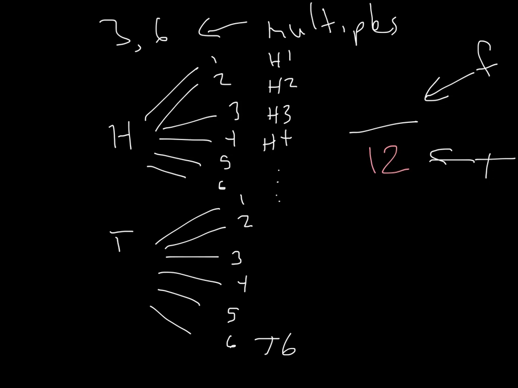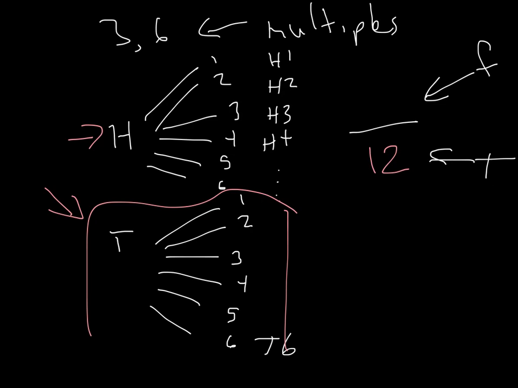In terms of determining our favorable outcomes, none of those will matter because I did not flip a head. So let's look over here at the heads. How many have a heads and a multiple of 3? That one and that one: heads 3 and heads 6. So 2 out of 12, or 1 out of 6 if you were to simplify it. That would be your answer for question 3.